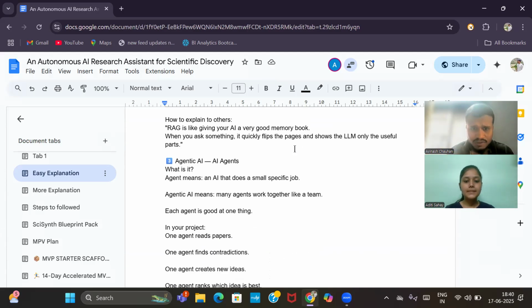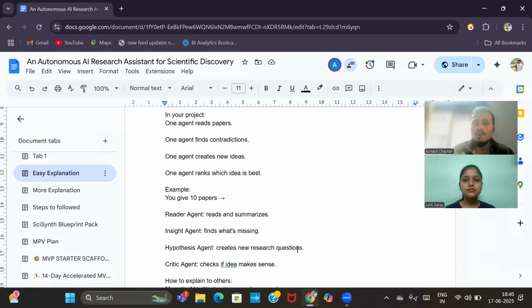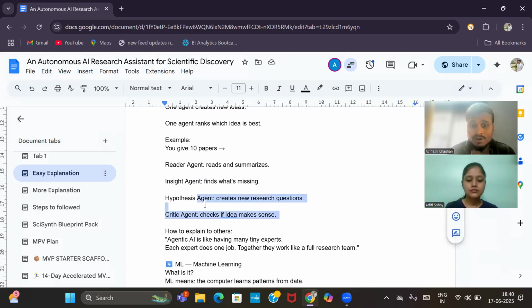And what will agentic AI do? Agentic AI will divide our code into certain blocks. You can see a reader agent, an insight agent, a hypothesis agent, a critic. All these modules will be divided so that our AI application can work smoothly.